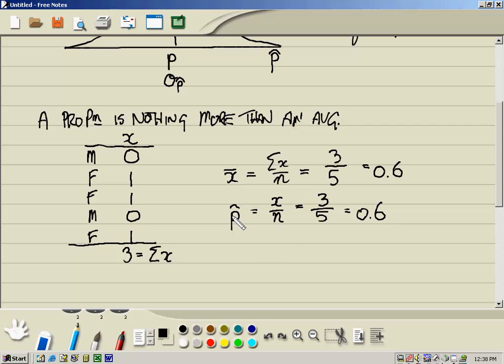So a sample proportion is nothing more than a very particular kind of sample average. So as before, anything we can do with an average with hypothesis testing or whatever, we can do with a proportion.